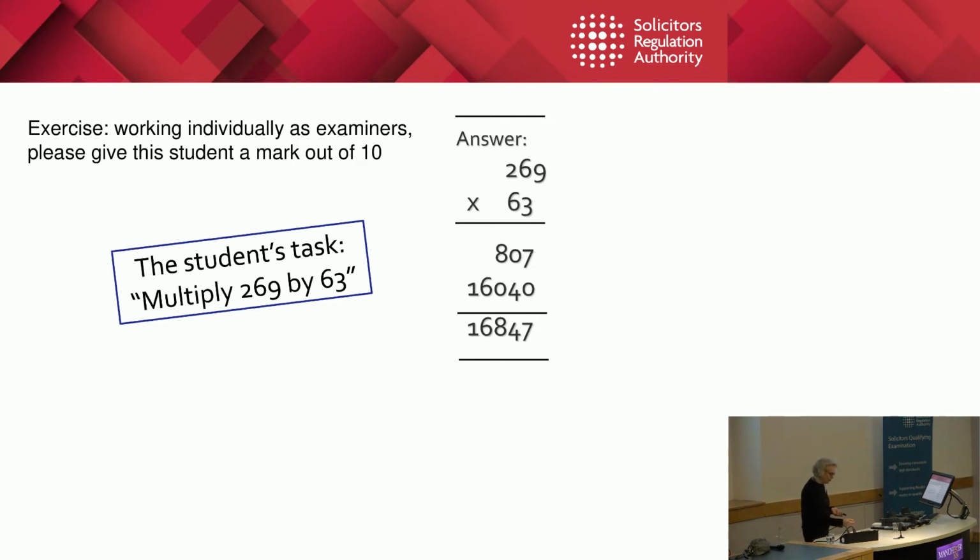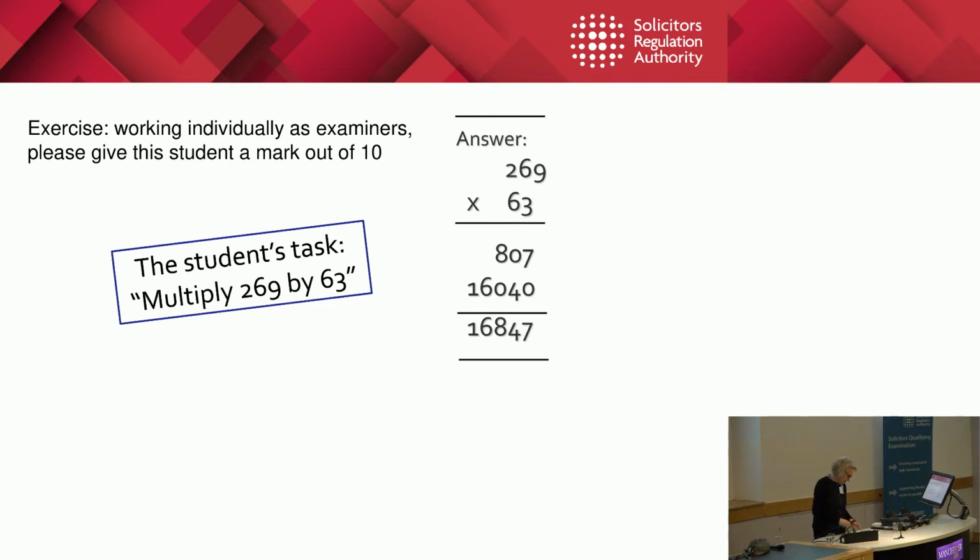Any other volunteers? As a maths teacher, 0. As a law teacher, maybe 8 or 9. Okay. Any others? Yeah, Jason. The first line is right. Okay, 5. So we've got between 0, 5 and 9, which I think illustrates the problem.